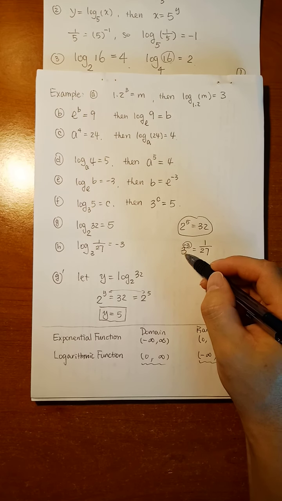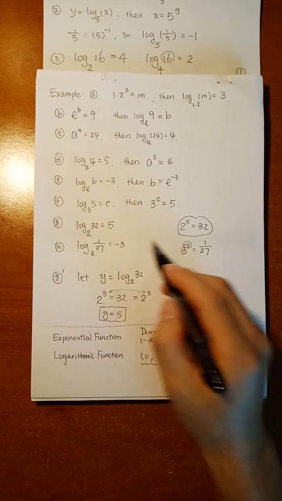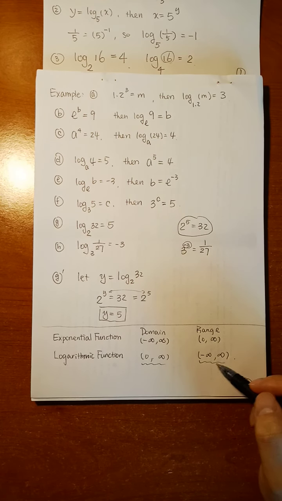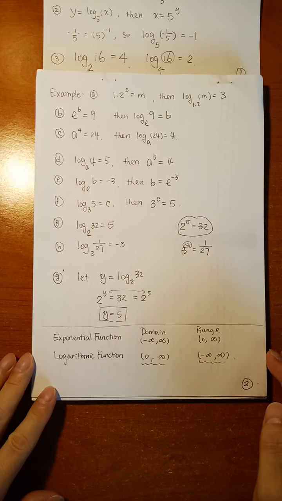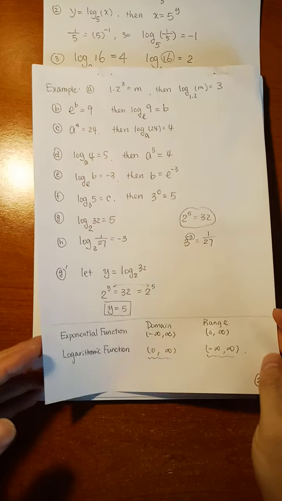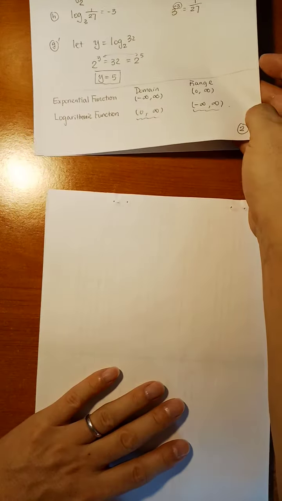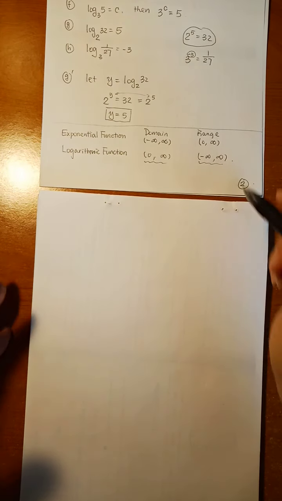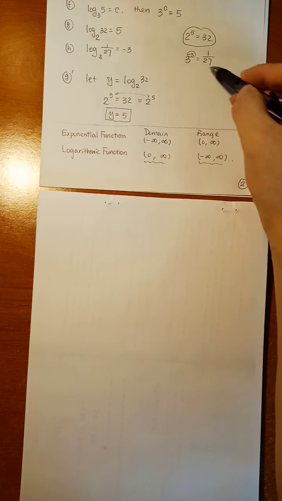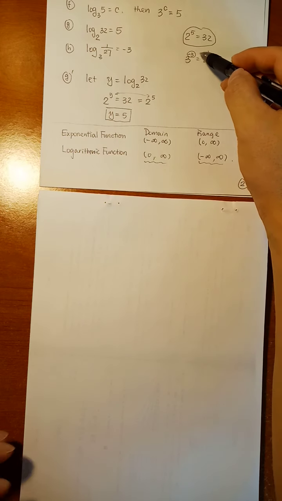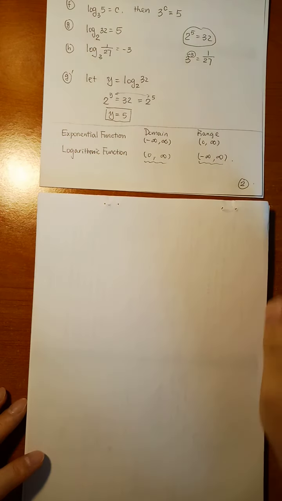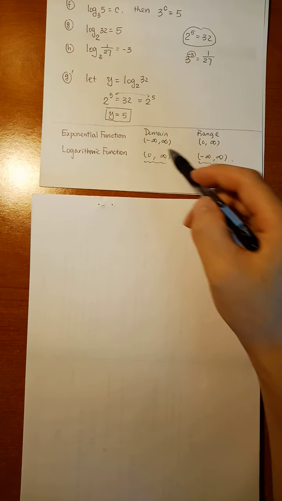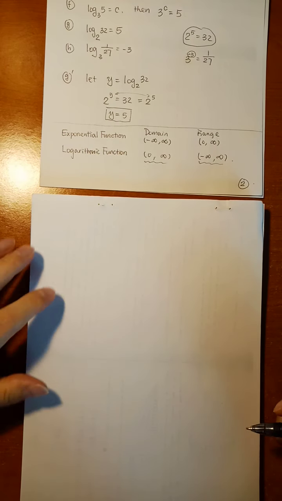If you put 3 to negative million, then this value is negative million. So it could be as negative large as possible. It's just exponent. Exponent can be negative, but the domain is always positive because after you evaluate the exponential function, the value is always positive. So for the logarithmic function, the domain is positive.